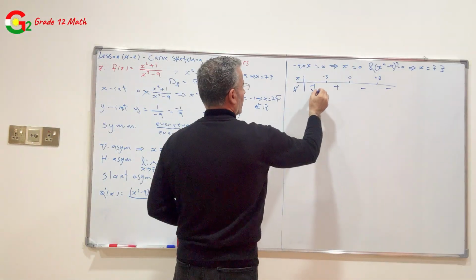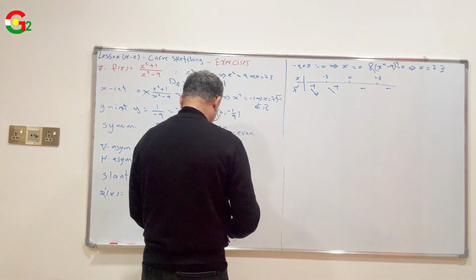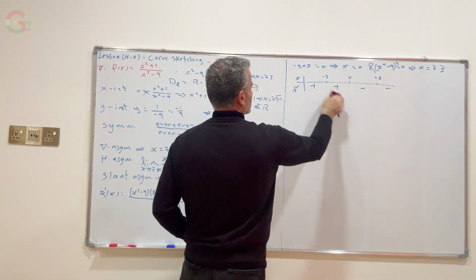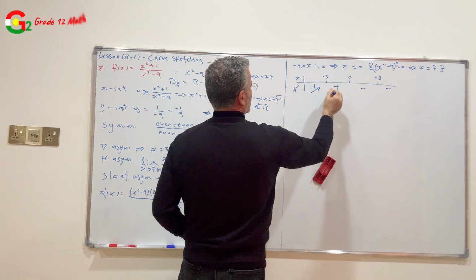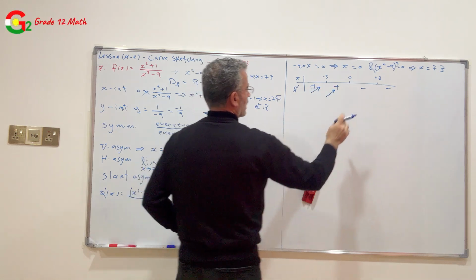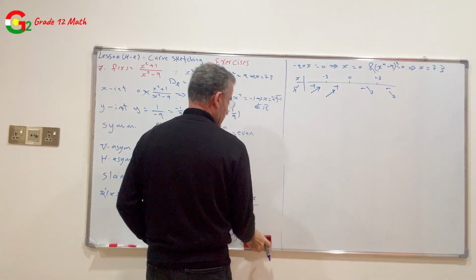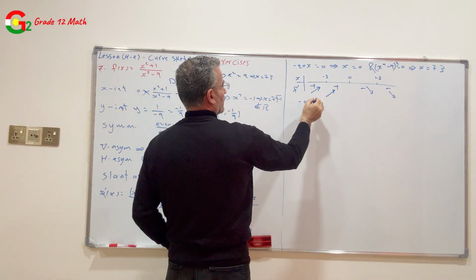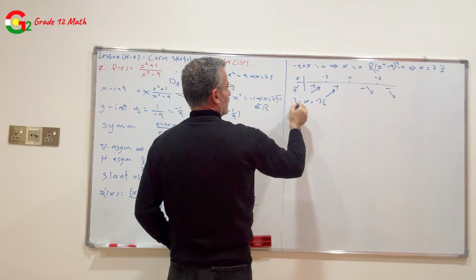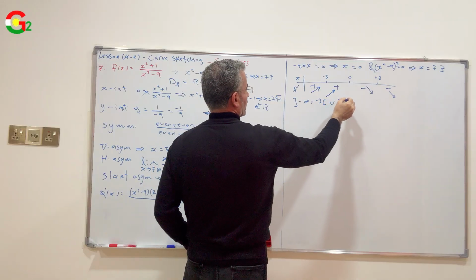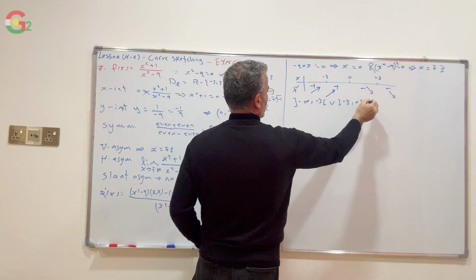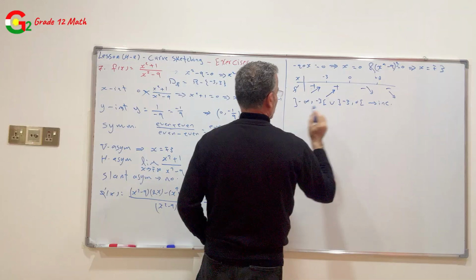Therefore, the function in these intervals is increasing and in these intervals is decreasing. From negative infinity to negative 3, union negative 3 to 0, the function is increasing.